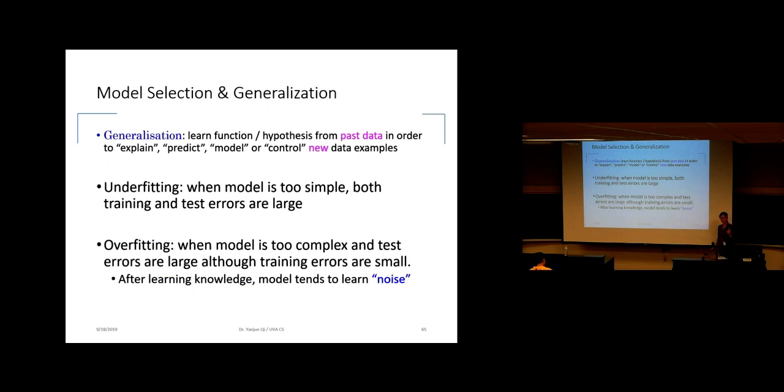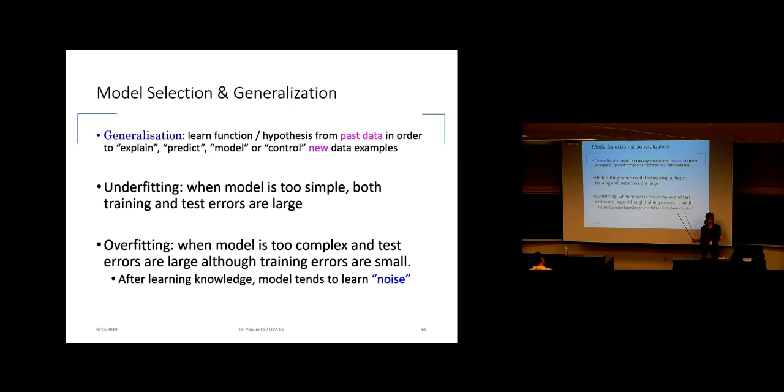When we talk about generalization, we have to understand what bad generalization is. There are two cases: the first is underfitting, and the other is overfitting. Underfitting means the model is just too simple.